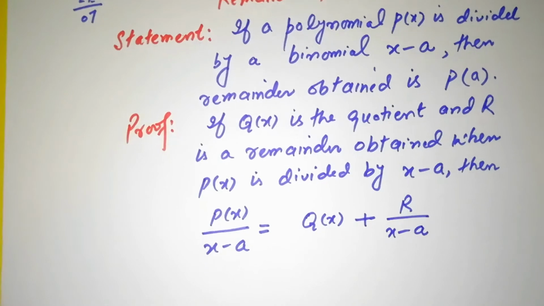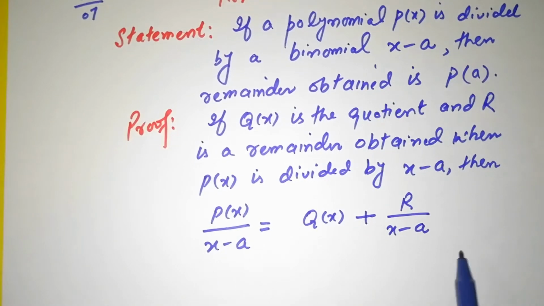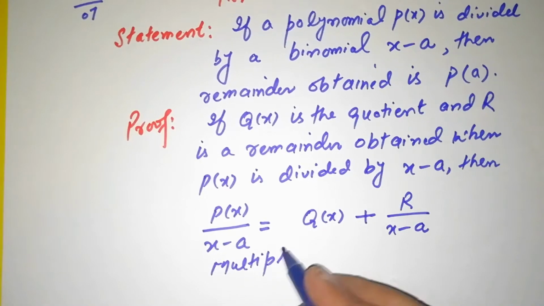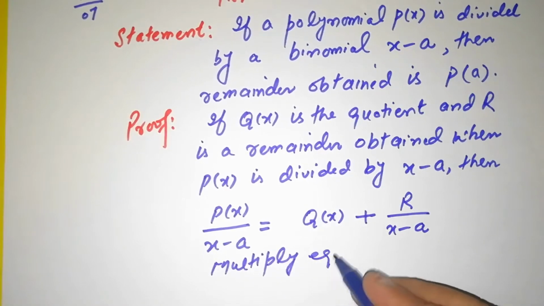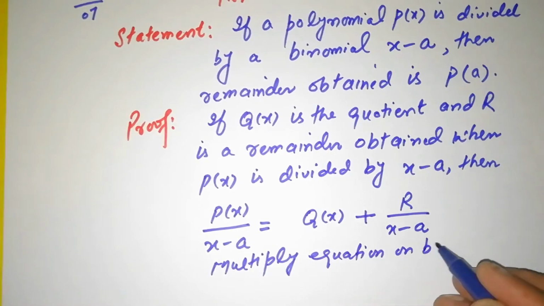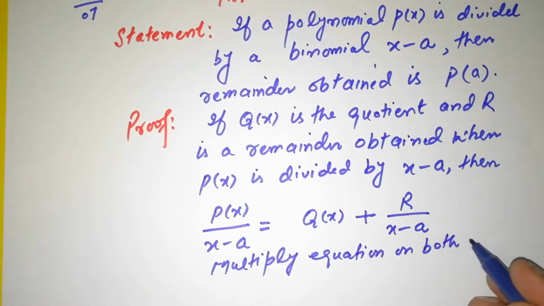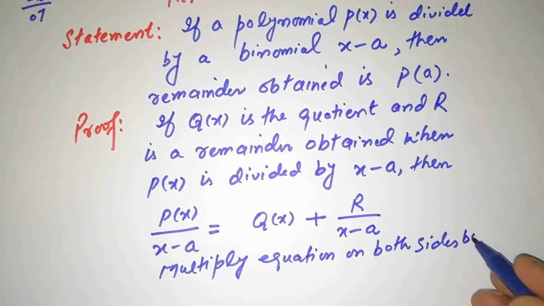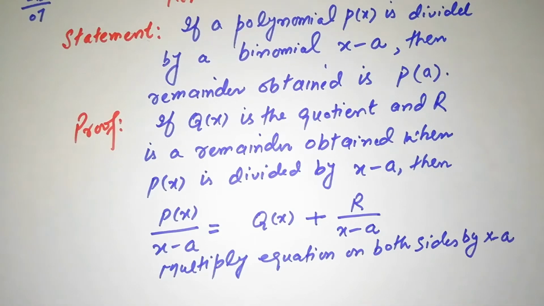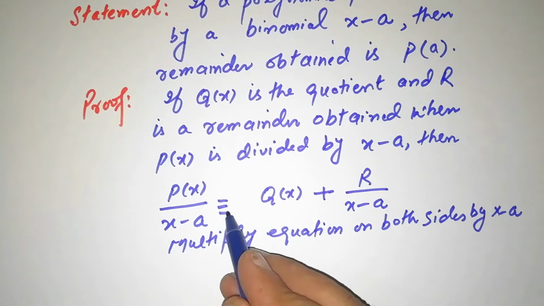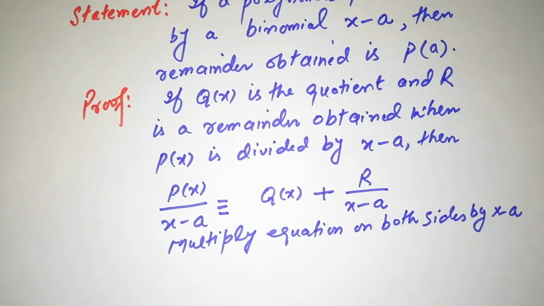Now students, multiply this equation on both sides by x minus a. Actually, this is an identity, as I told you in my introduction.